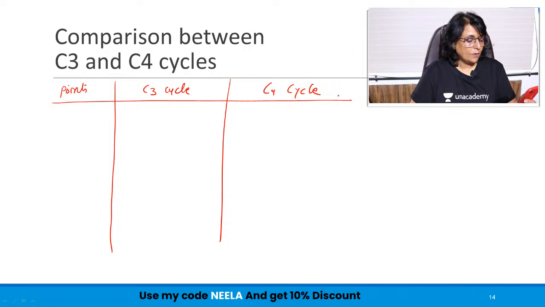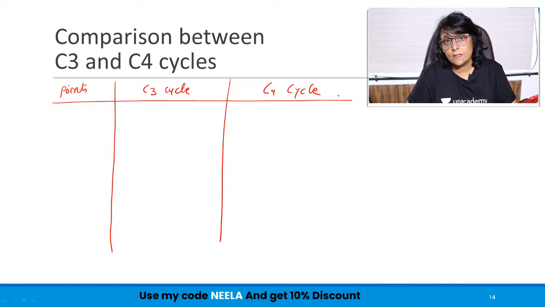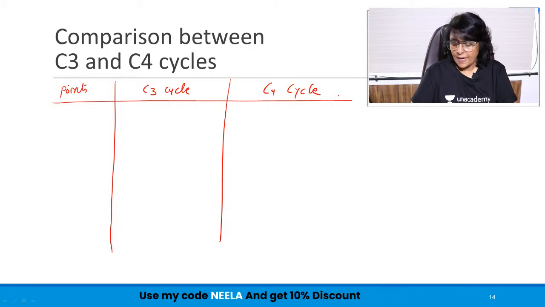So I have not received any question. That means I think everything is clear, and while we are discussing the comparison between the 2 cycles, in case you come across any difficulty or doubt, you may ask that. Now we are talking about certain points, and on those points we will be comparing these 2 cycles, and this is our simple table in which we compare it.